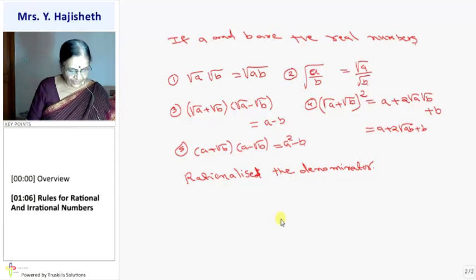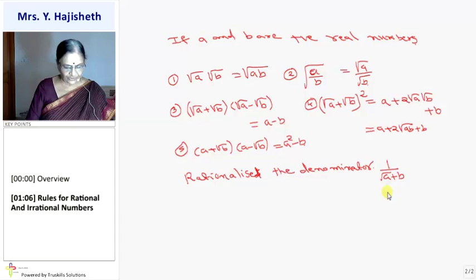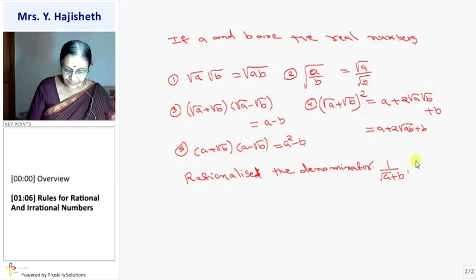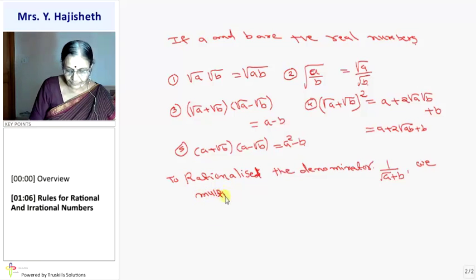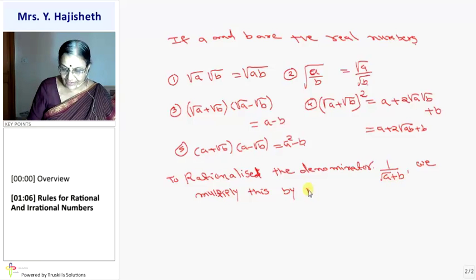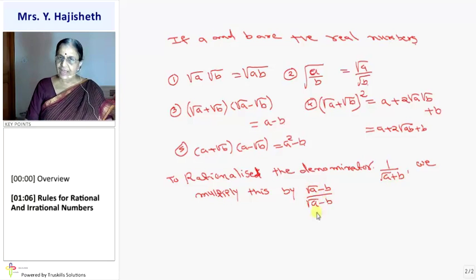How to rationalize the denominator? Suppose you want to rationalize the denominator of 1 upon root A plus B. To rationalize this, we multiply it by root A minus B upon root A minus B. So indirectly I multiplied with 1. Something upon the same something is 1.